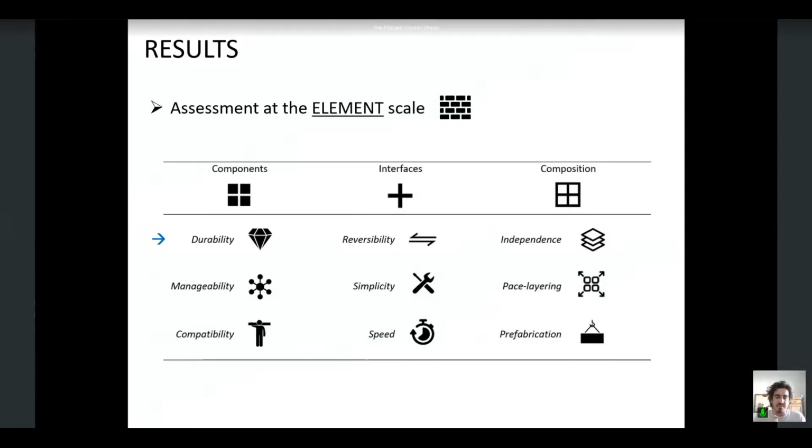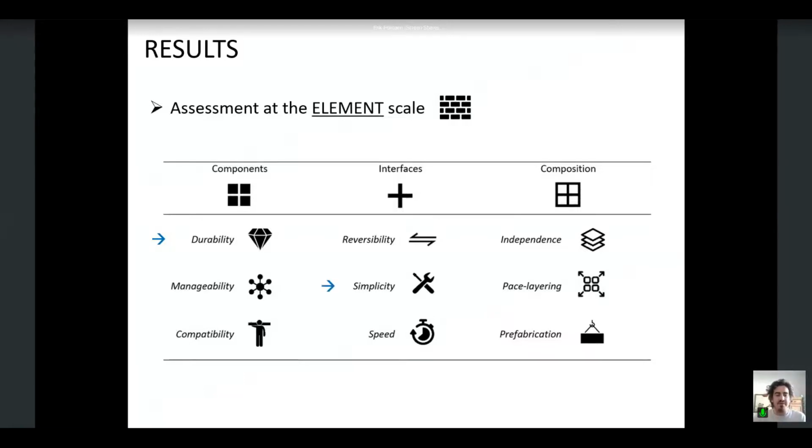A second thing is that the maintenance of earthen buildings largely depends on the exposure to the weather and on the application of the right design principles. And three is that we're sometimes forced to stabilize earth to pass the existing durability tests, which are not adapted to earthen building materials. And this also comes at the cost of circular qualities.